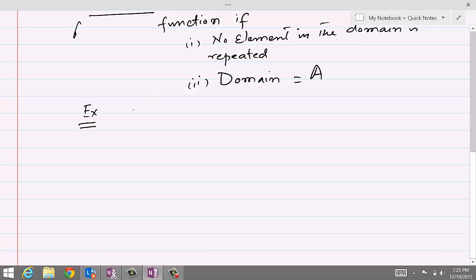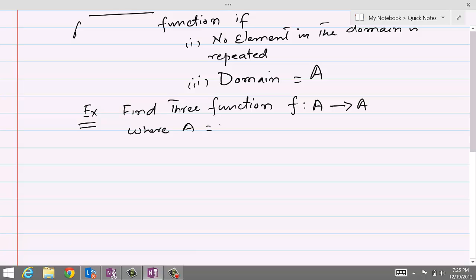Example: find three functions, and this time we are going to name it f from A to A, where A is equal to {a, b, c}.